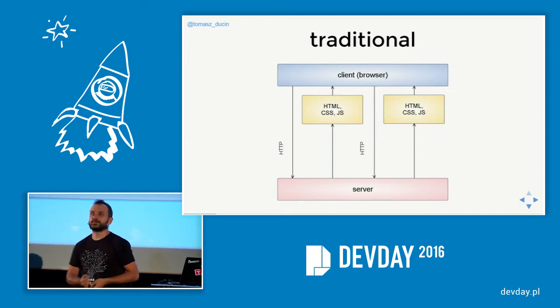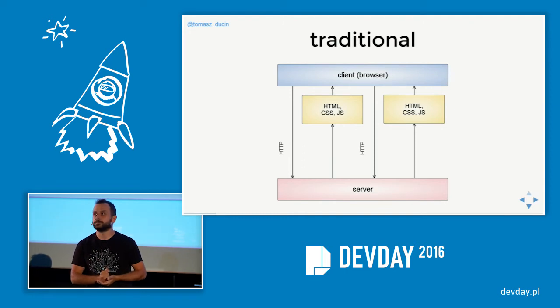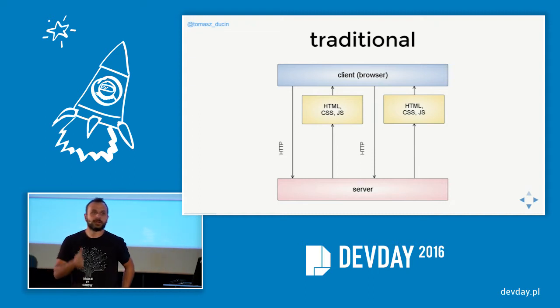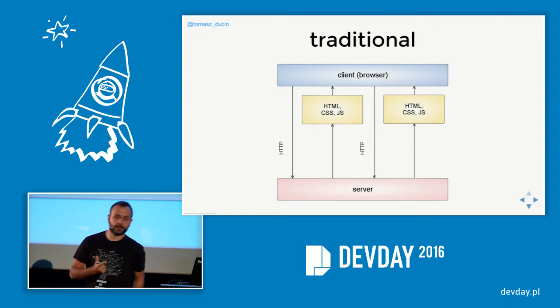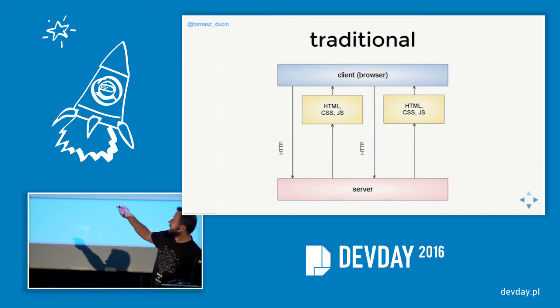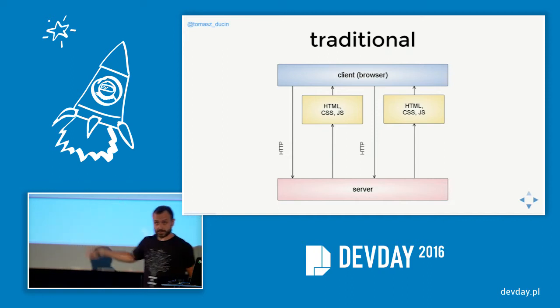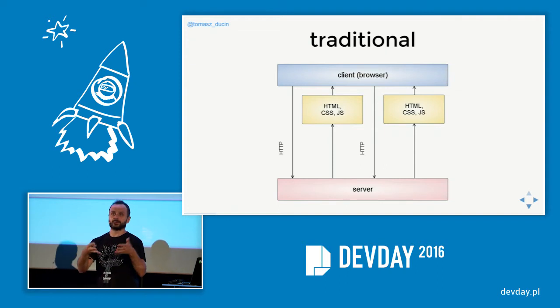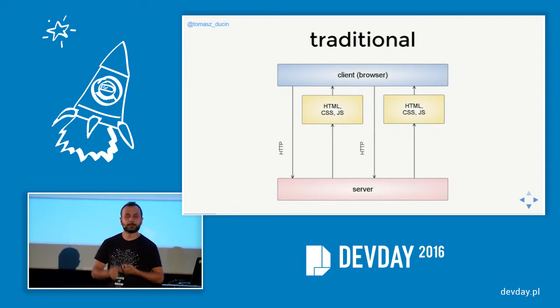The first question of today is, what do you think were the problems with this approach? What is wrong with it? Yes, transfer overload is one thing, because if we send HTML, CSS, and JS all the time, then the HTML, of course, includes all this boilerplate, and the response is just big. What else?